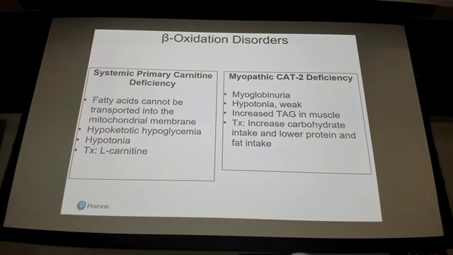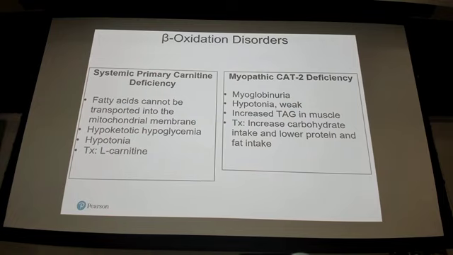Normally, when the body is in particular starvation and it switches to fat metabolism, if the metabolic proteins are working properly, those fatty acids will be broken down. They will increase the amount of acetyl-CoA that's produced. When there's a lot of acetyl-CoA, those acetyl-CoAs will combine to produce ketone bodies.